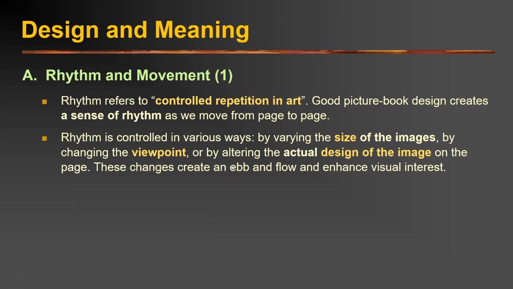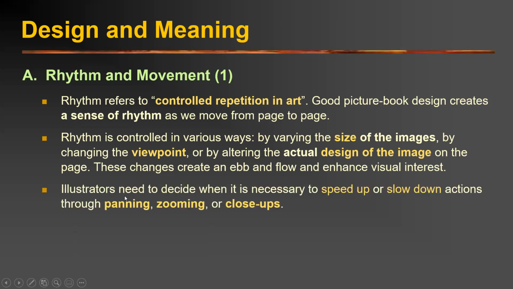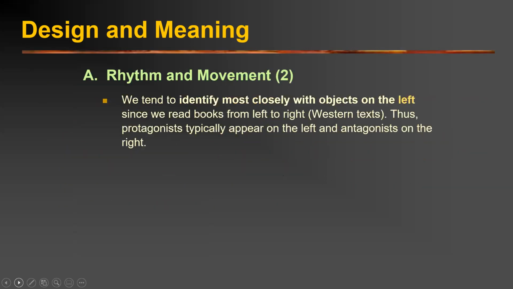These changes create an ebb or flow and enhance visual interest. Illustrators need to decide when it is necessary to speed up or slow down actions through panning, zooming, and close-ups. So you can decide whether you will zoom in, use close-ups, or use panning, right?